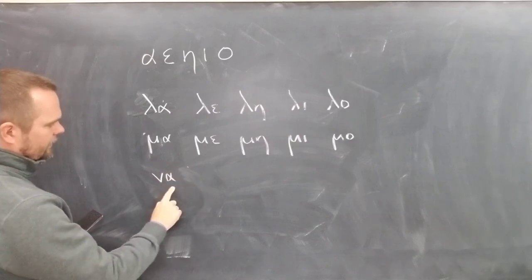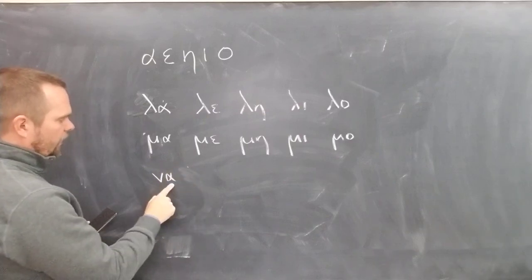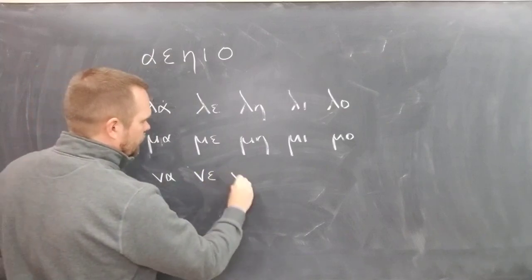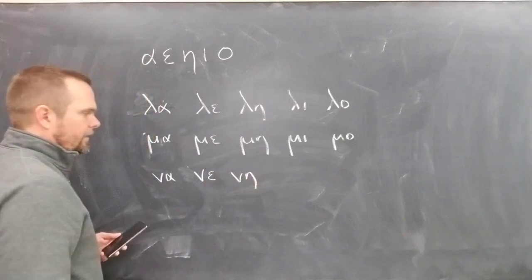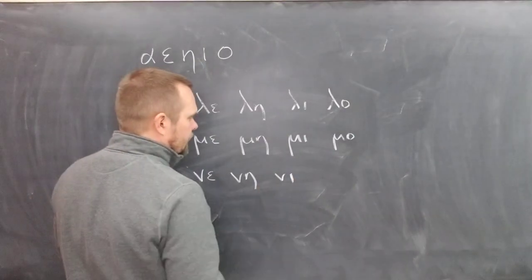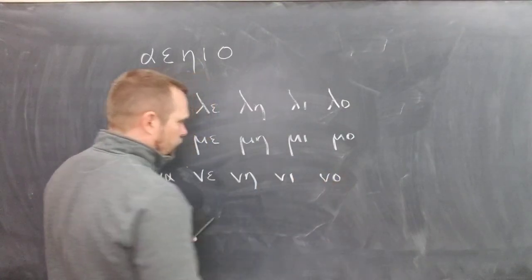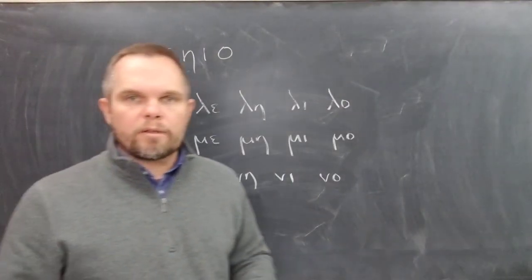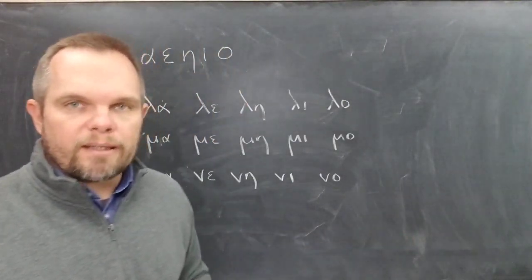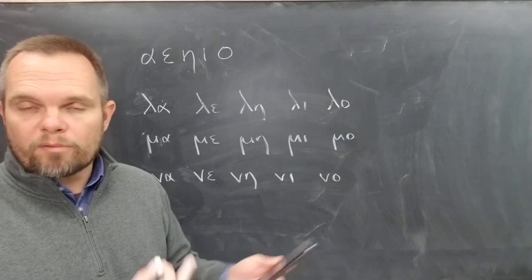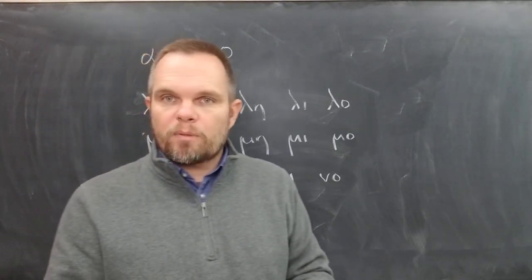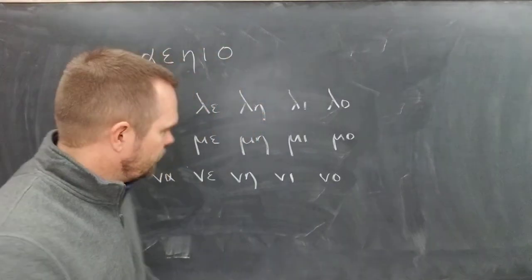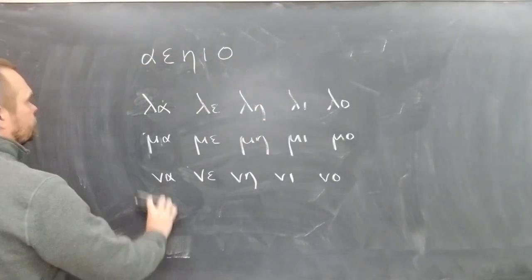Na, that's the new alpha. Na, ne, ni, no. Simple classical Greek phonics. Practice writing the consonants, combine them with vowels, practice pronunciation, practice transliteration, and so on.